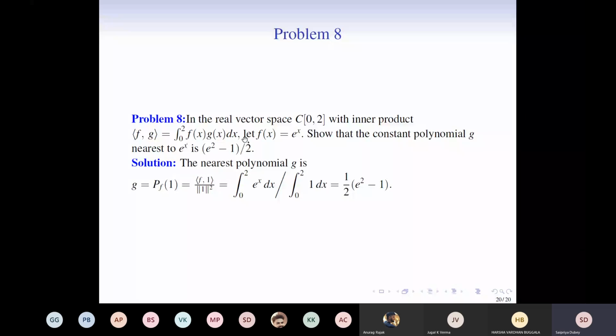The denominator will be the integral from 0 to 2 of 1 dx, because we are taking the inner product of 1 with itself. This directly gives us the integral value. So it is equal to 1 by 2 times (e square minus 1). So this is exactly the constant polynomial which is nearest to e raised to x.